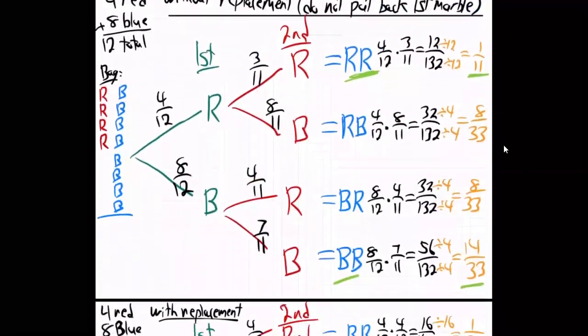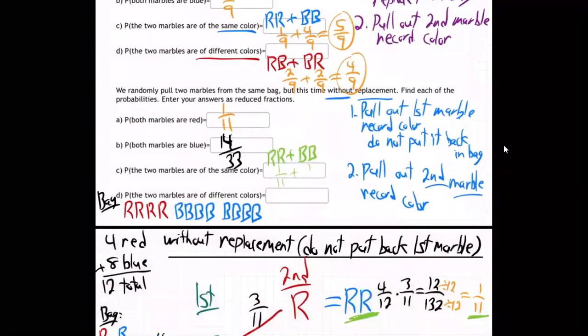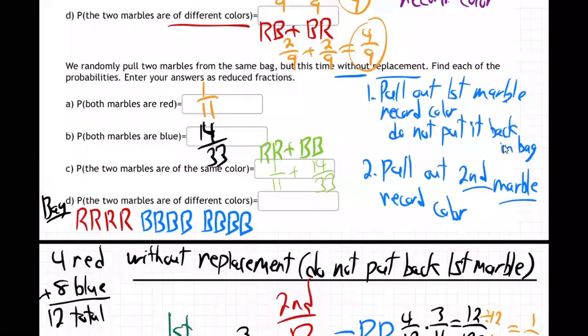And what was blue, blue? Blue, blue was 14/33. Okay, now remember what you got to do when you're adding two fractions with different denominators. You remember. Multiply top and bottom to get a common denominator. So this will be 3/33 plus 14/33, which is 17/33.